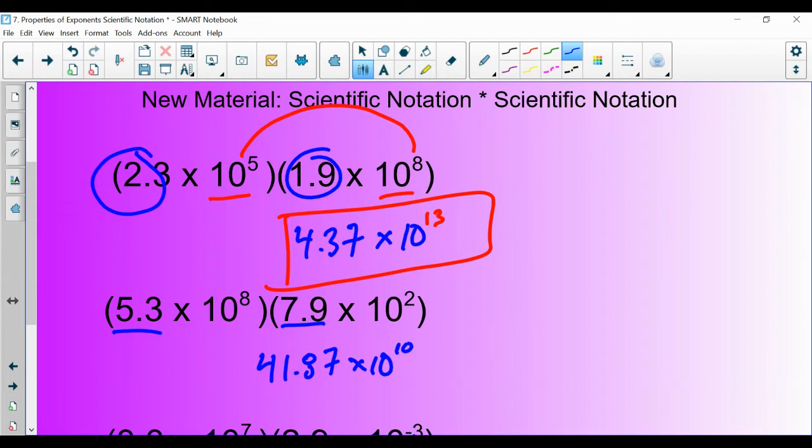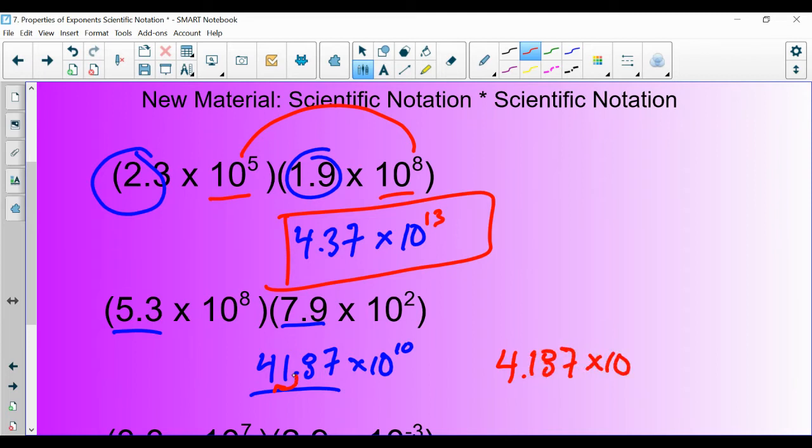Now, we have an issue here. We have 41.87, but 41.87 is not between 1 and 10. Remember, this number has to be between 1 and 10 for it to be an actual scientific notation. So what we're going to do is we are going to move the decimal place over 1 time. So this will be actually 4.187 times 10.